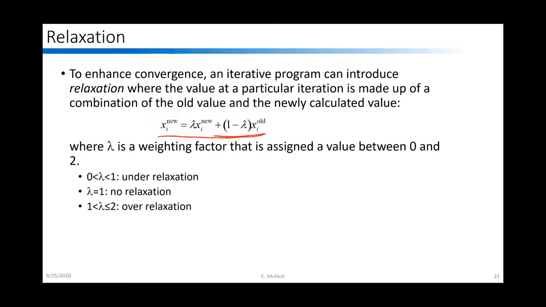We're going to use this equation to try to preempt that relaxation. So here we have several terms. We have our new xi, the xi that was predicted from the Jacobian or the Gauss-Seidel method. So this is GS or J predicted, or calculated, sorry.